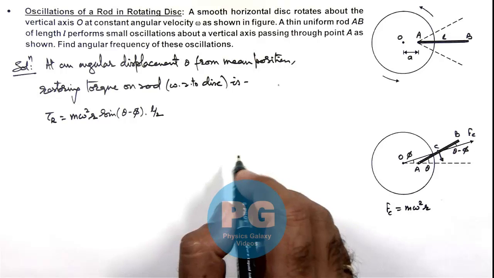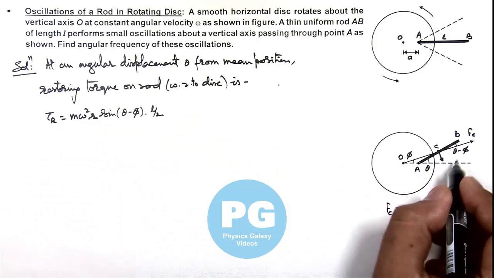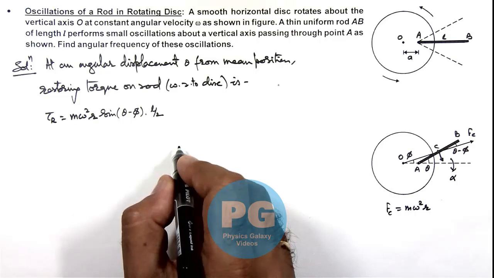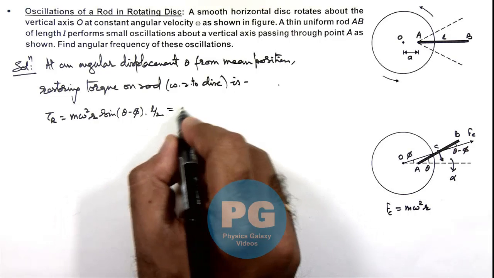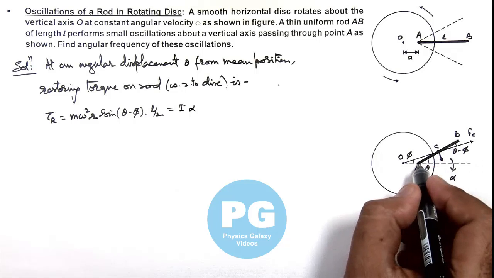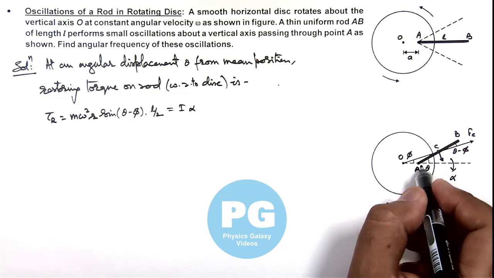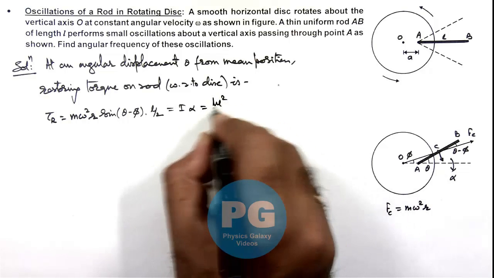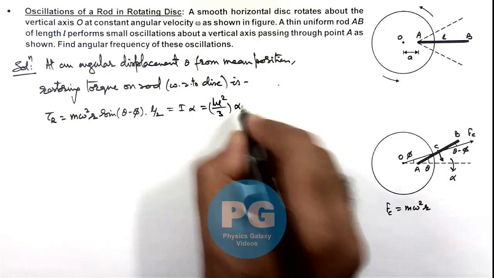And this centrifugal force will result in angular acceleration alpha, with which the rod will have a tendency to come back. So this can be written as I alpha, where moment of inertia of rod about one end where it is hinged can be written as m l square by 3. So it is m l square by 3 multiplied by angular acceleration.